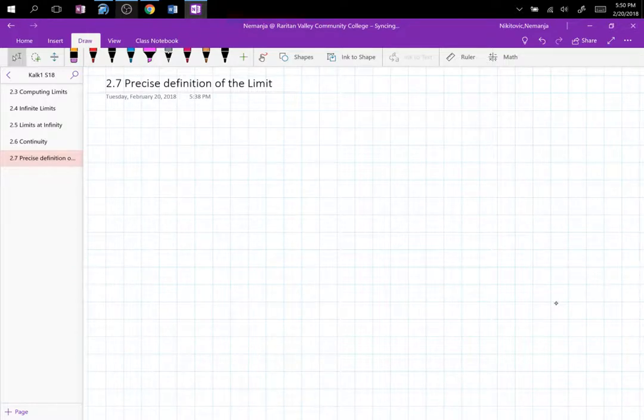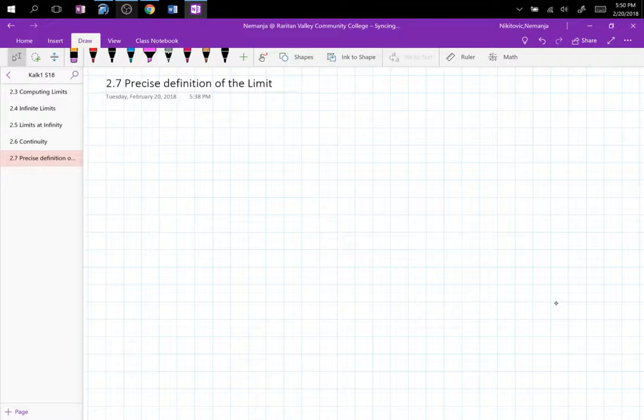We are ready to wrap up chapter 2, our talk about limits, and what better way to close the chapter than to finally define the limit, right? We have been using something for two weeks now with no clue what it was.